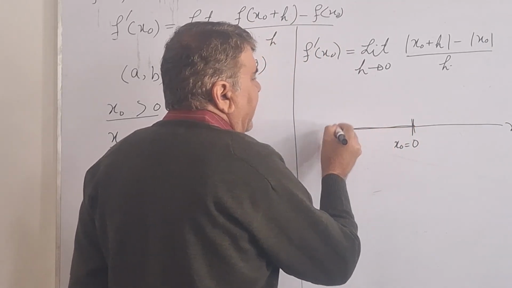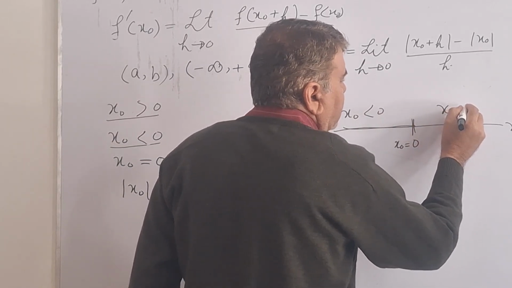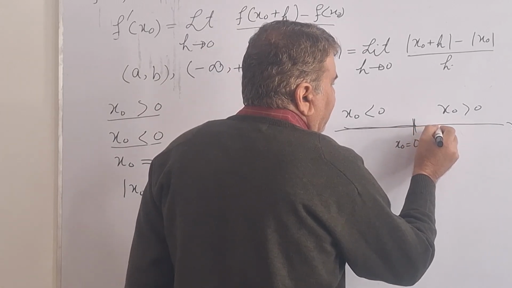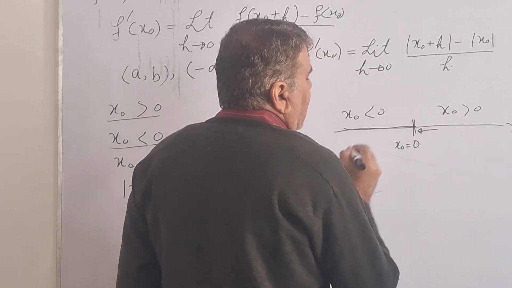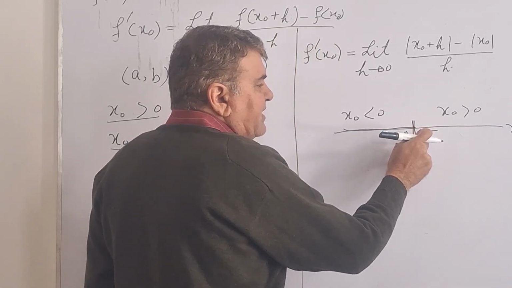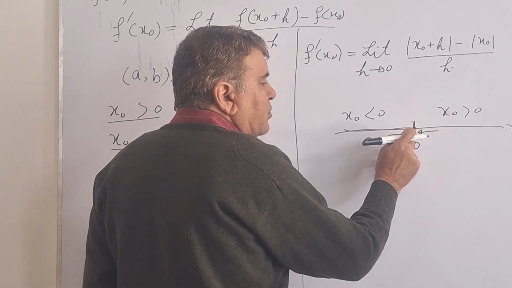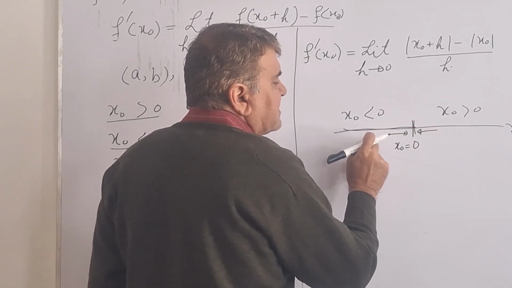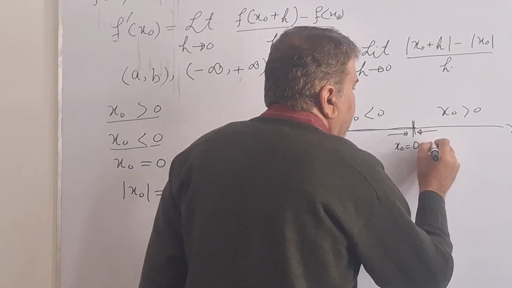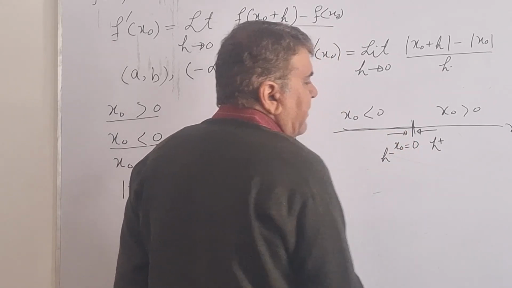So to this side, x is less than 0, and to this side, x is greater than 0. Now, I can choose h from this side, or I can choose h from this side. Choosing h from this side means I am approaching from the positive side towards 0. Choosing h from this side means I'm approaching from the negative side towards 0. So here that will be h plus, and at this side it will be h minus.